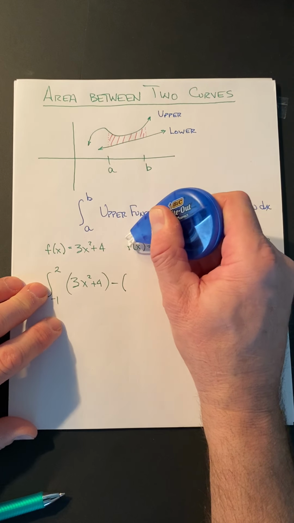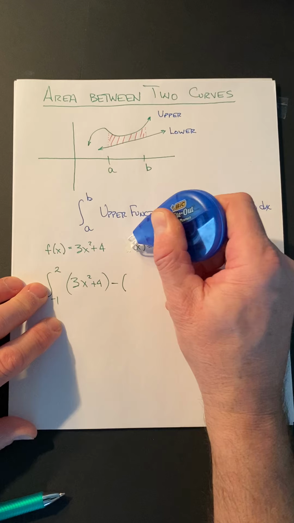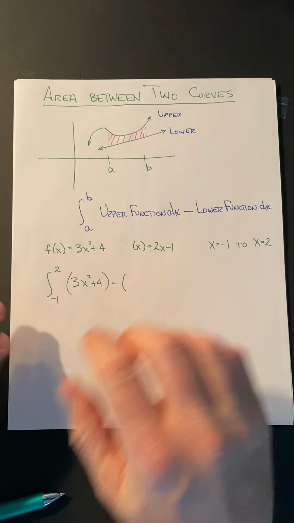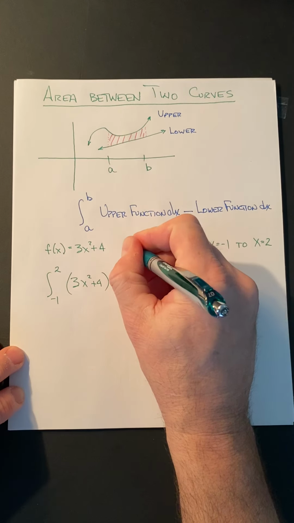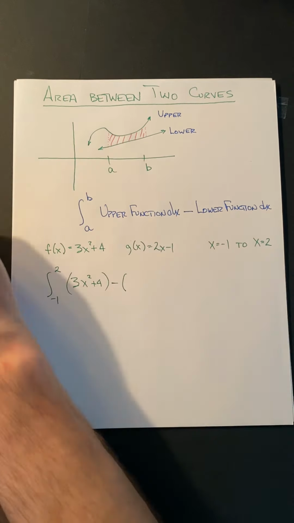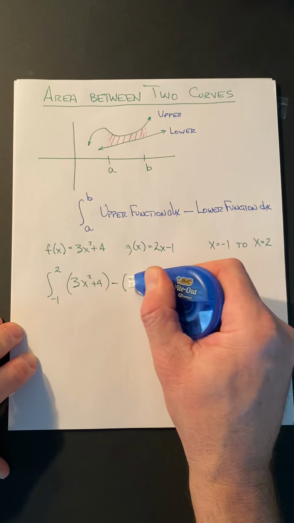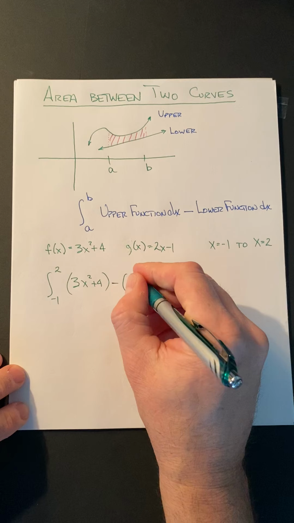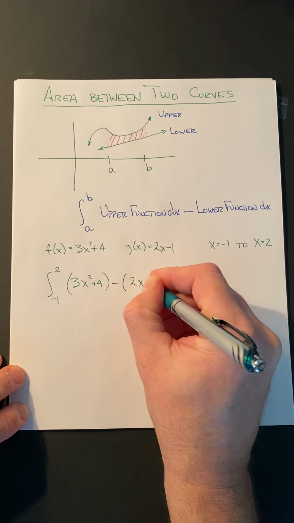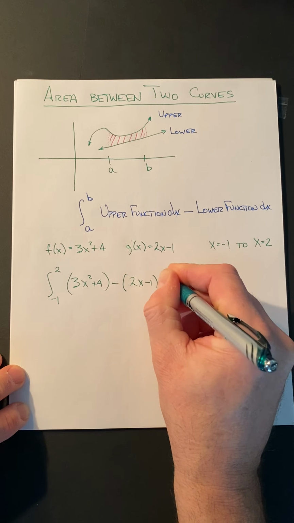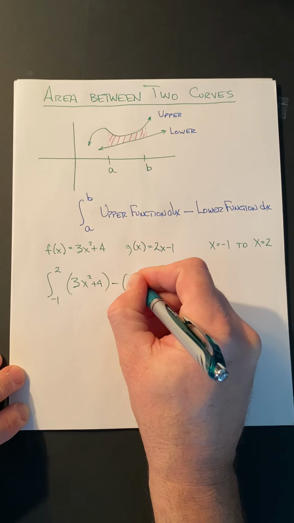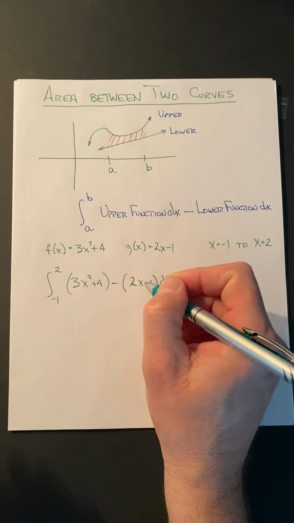Because I can't have two functions with the same name. So let's call this guy g of x, okay? So I'm going to subtract g of x from f of x here. Oops, wrong color. So I'm going to have 2x minus 1. And of course, that's all dx, okay?